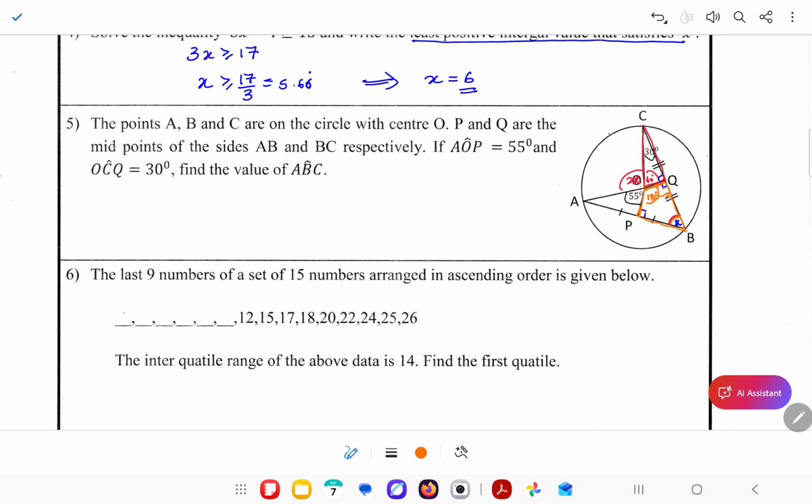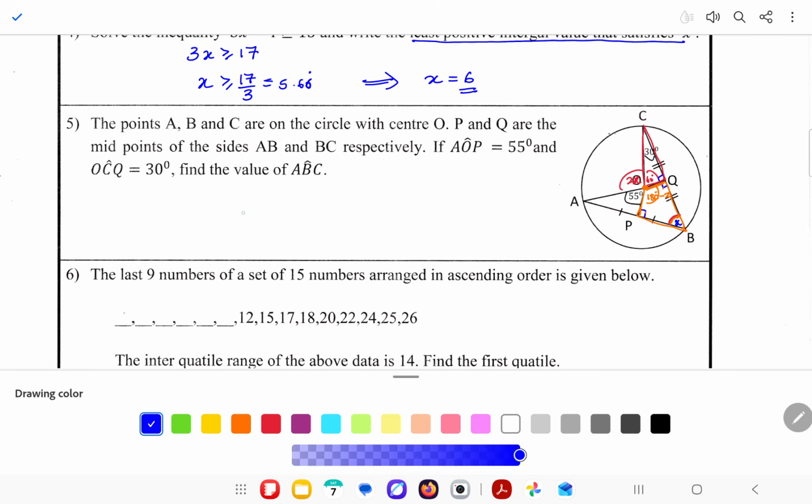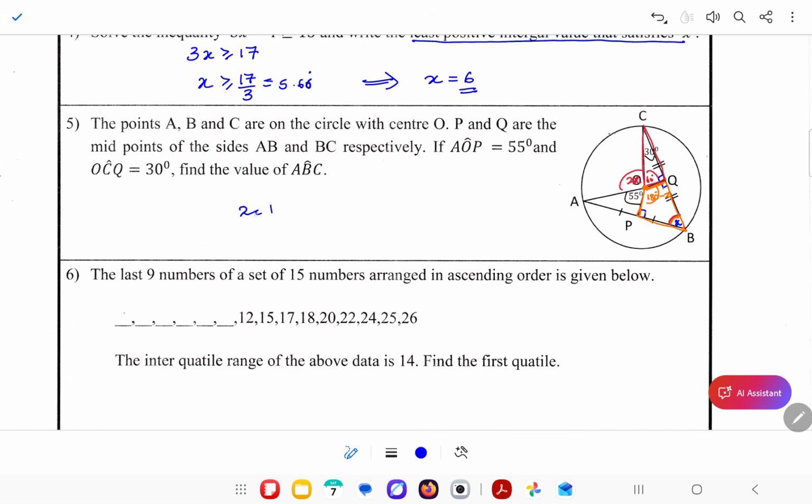So then look at the angles about the point O. Total angles about point O is 360. So there's 2x, 55, 60, and this orange angle 180 minus x. So that has to be equal to 360. Now simplify.